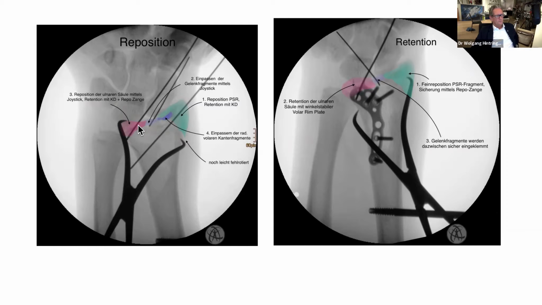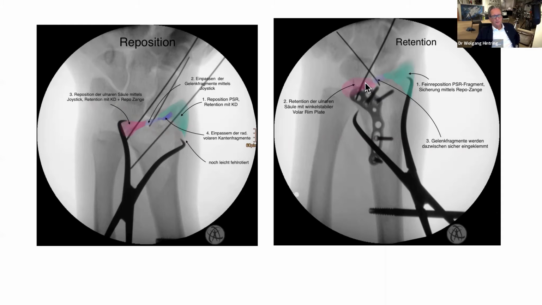Then he saw that the radial styloid was not quite well reduced because he had some slight rotation failure, because you must know the articular surface has no contact to the shaft, and you have to look at how is the right rotation from the shaft to the articular fragment. He took the K-wire out again and did a re-reposition of the radial styloid intermediary.